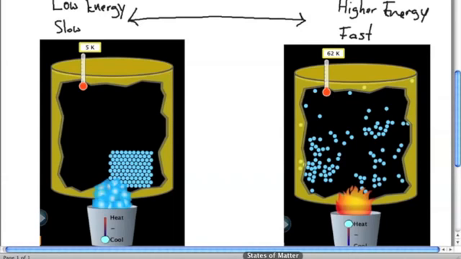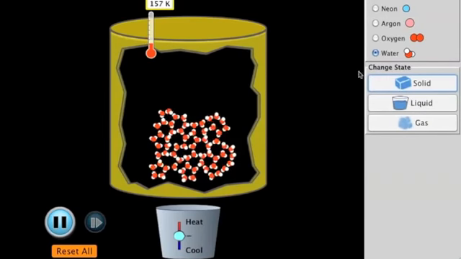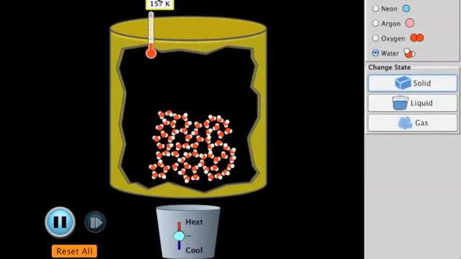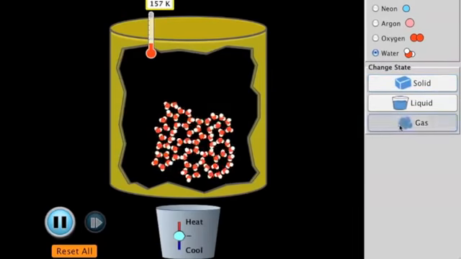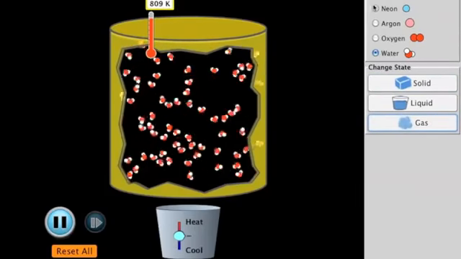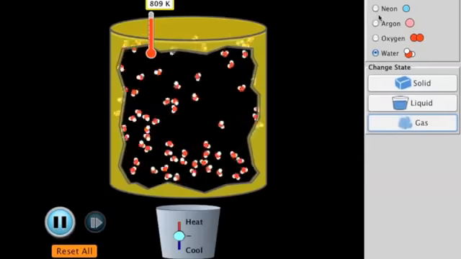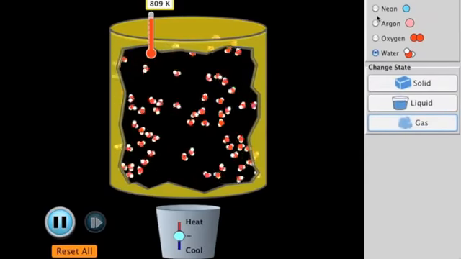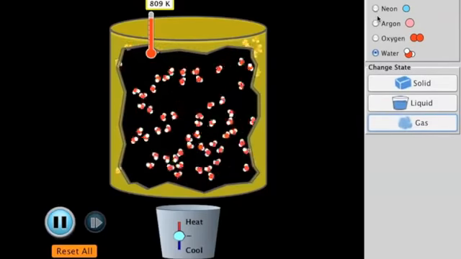If we compare that to our water, the solid state we can get to as warm as 157 degrees Kelvin, and the gaseous state is at 809 degrees Kelvin. Because they're different elements, they're going to have different properties. One of those properties being how they respond to hot and cold temperatures, or to the gain or the loss of energy.